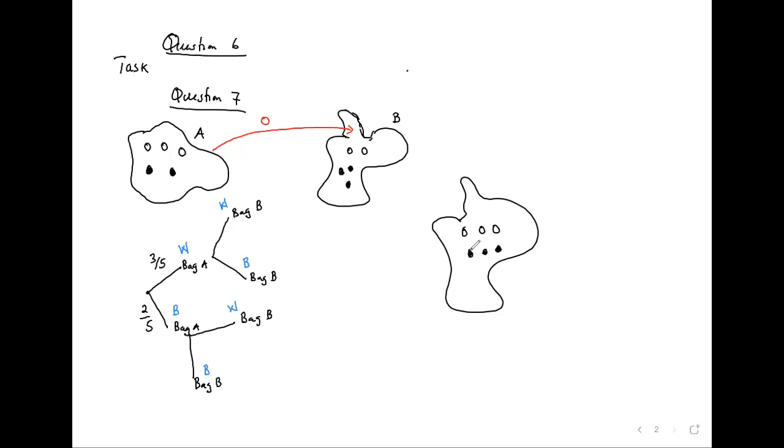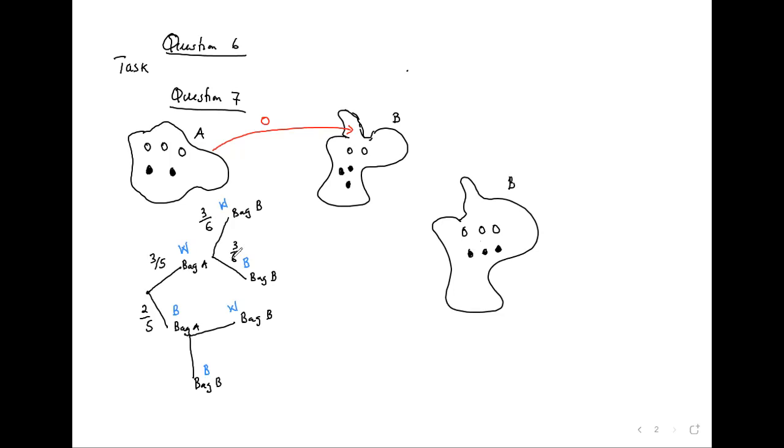Because I took white, I now have 3 whites in B and 3 blacks. So if I pick from B, the probability of picking white is 3/6. If I pick black, it should be 3 out of 6. Why 3 for black? Because we initially have 3 blacks.